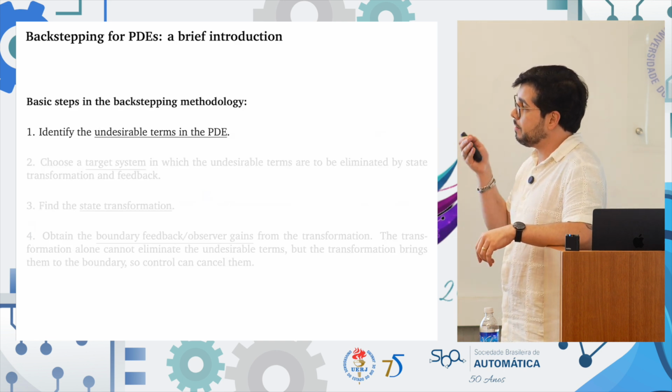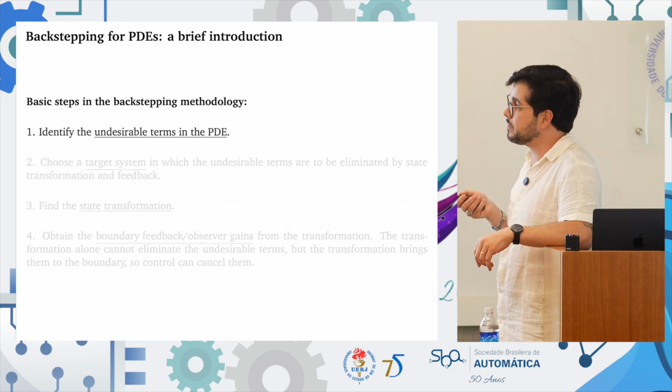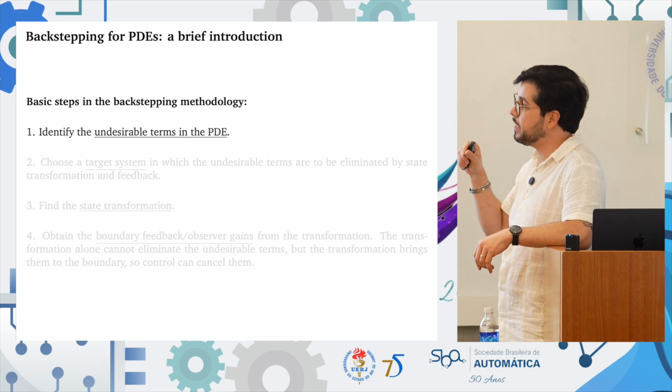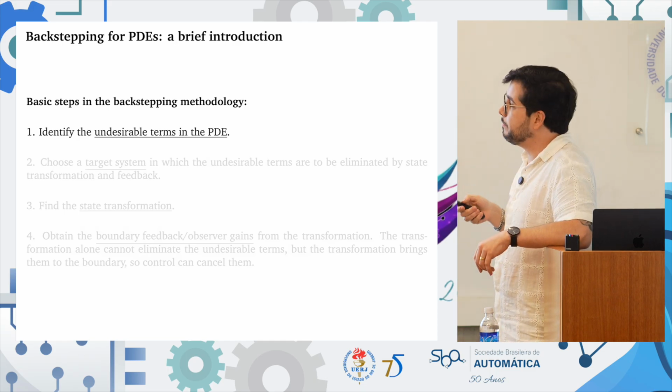So basically, backstepping has 4 steps. The first one is to identify the undesirable terms of the PDE. We saw that in our case, the undesirable terms are the coupling between the PDE and ODE, because we have that feedback between the states.